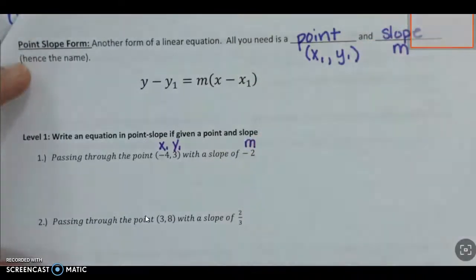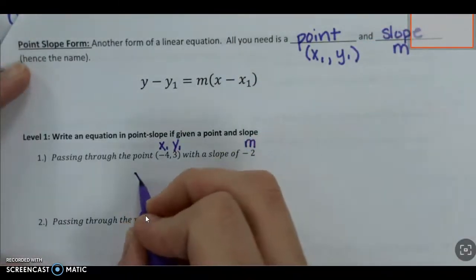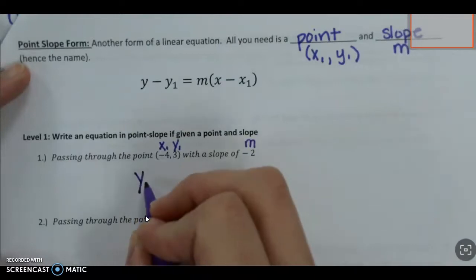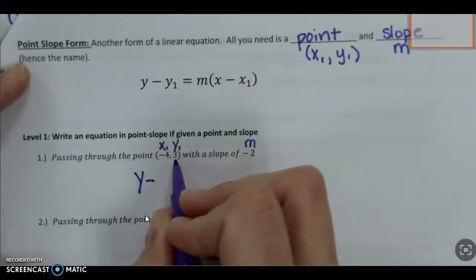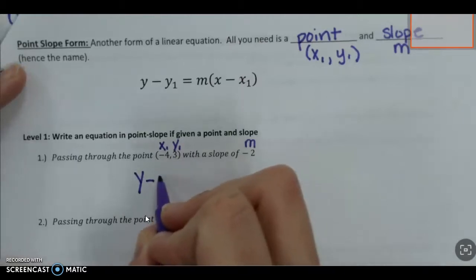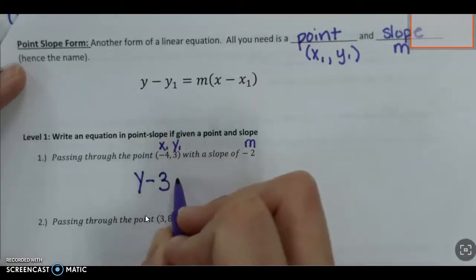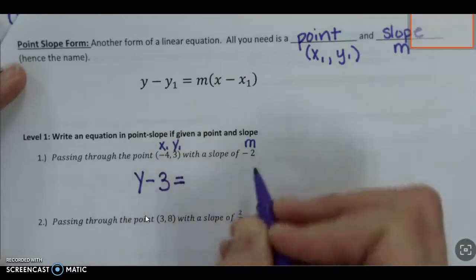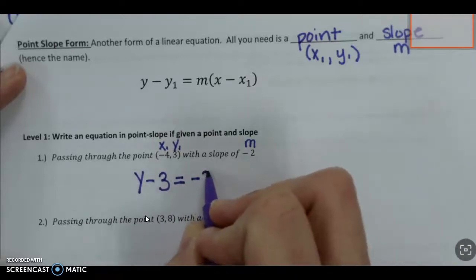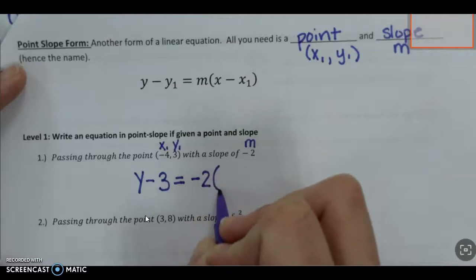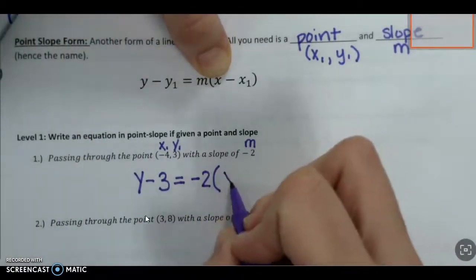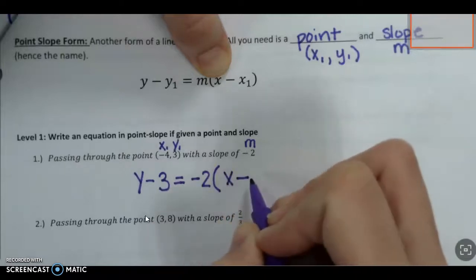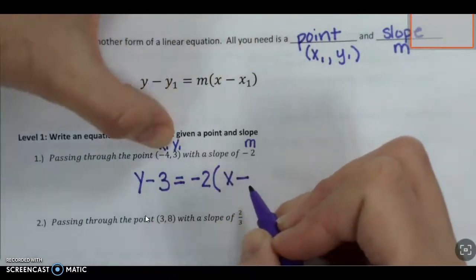When you write the equation, it always starts with the variable y, the letter y, minus. And then we're going to throw in the y number from the problem, which is 3, equals, throw the slope in there, -2, parentheses, always that's going to stay the letter x and nothing else, minus the x coordinate from the point that we were given.